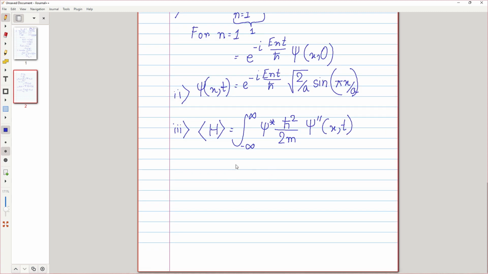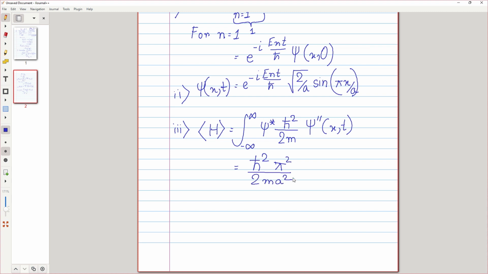Here it will take some while with this double derivative with respect to x, so I'm just gonna write it directly because it's not gonna be too much hassle if I just go on writing everything. It will come out as pi square h cut square by twice m a square.